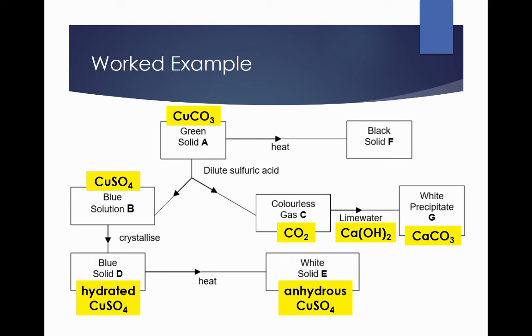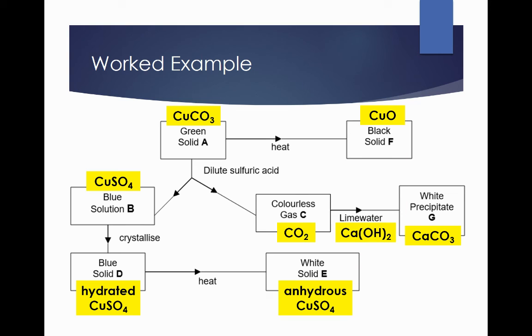There are some very special compounds of copper that are, in fact, green in color, and copper(II) carbonate is one of them. When you heat this copper(II) carbonate, thermal decomposition will take place and it will leave behind a black colored solid F. And this black solid is none other than copper(II) oxide.